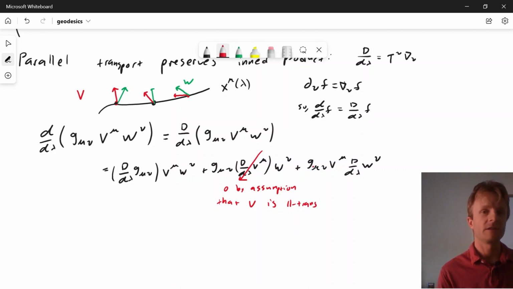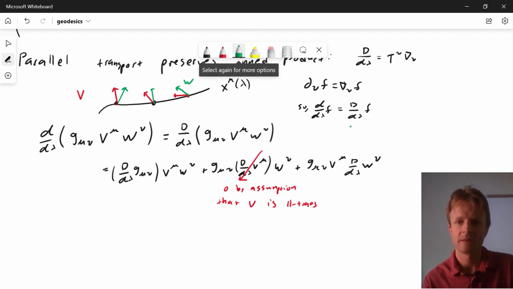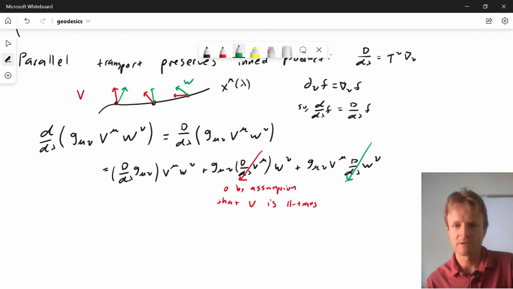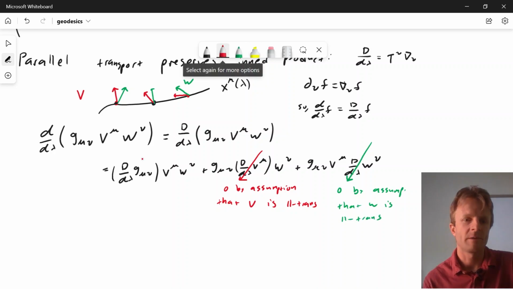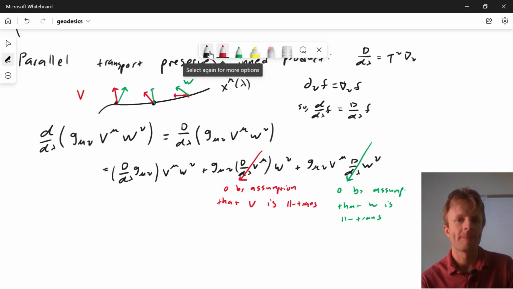That's the definition of parallel transport. This one is similarly 0 by assumption that W is parallel transported. And then what about this last term? What should we do with that?